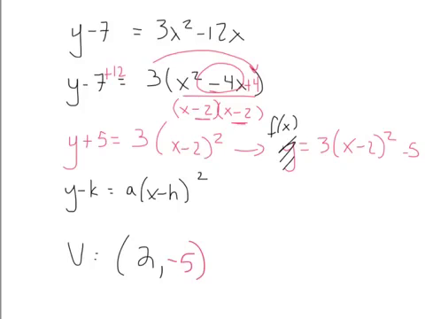Now, we could have also just looked at the vertex form as a function, and seen that this gives us x minus h. Well, this is still 2 here. In vertex form for a function, this is really a plus k, because we've taken this negative k and added it over here. So this negative 5 ends up being what we're looking for. So if we're looking at vertex form when written as a function, we could remember that here it's the opposite for h, right?